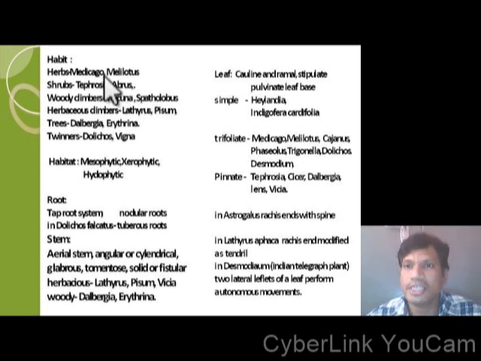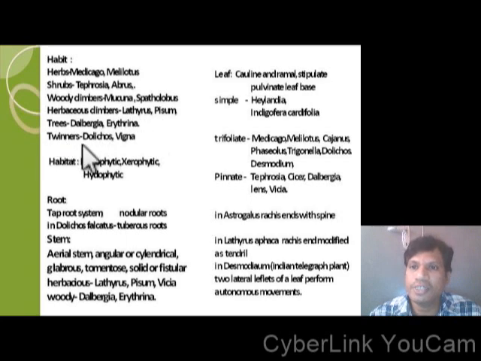Herbs, for example Medicago and Melilotus; shrubs, Tephrosia purpurea and Abrus precatorius; woody climbers, Spatholobus; herbaceous climbers, Lathyrus and Pisum, that is sweet pea and wild pea; and trees, Dalbergia latifolia, Dalbergia sissoo and Erythrina indica.